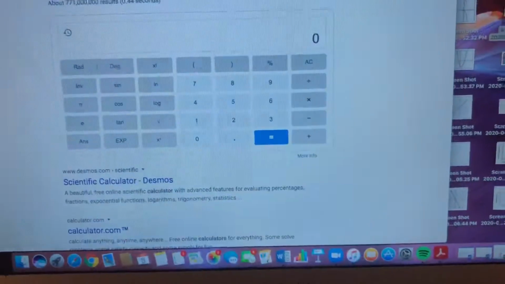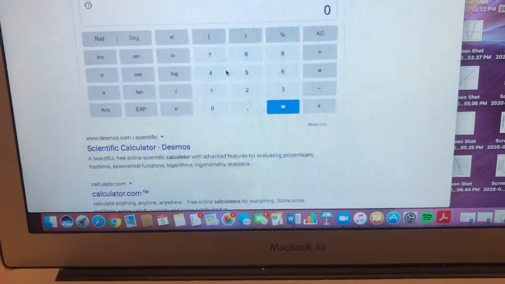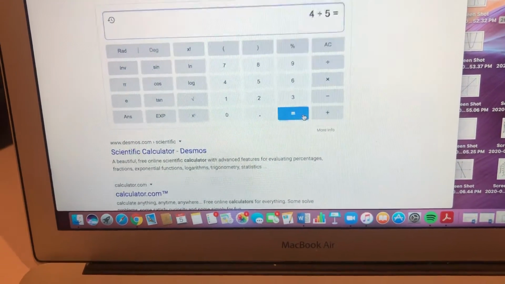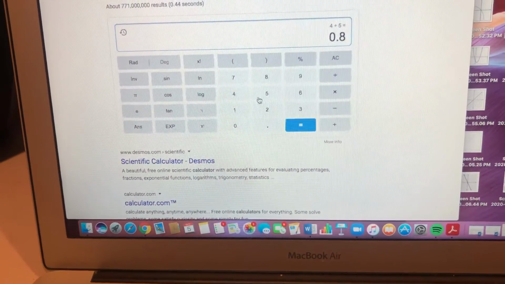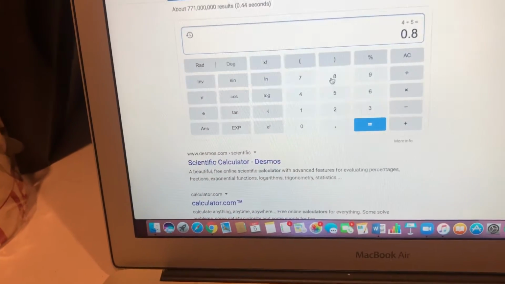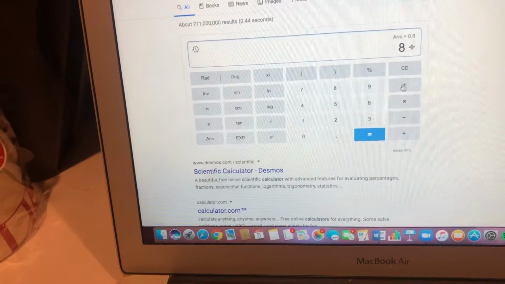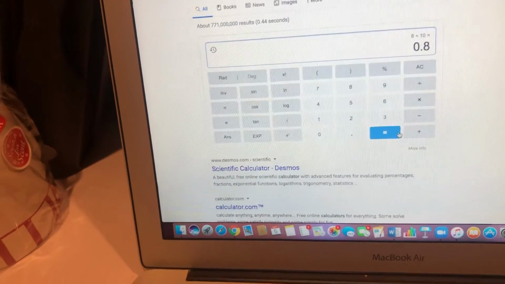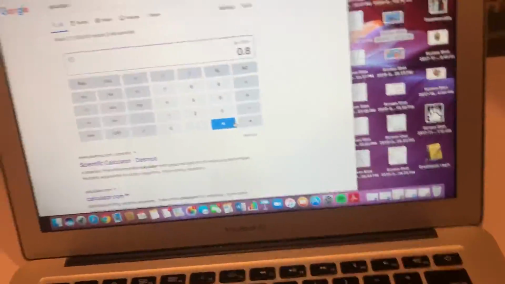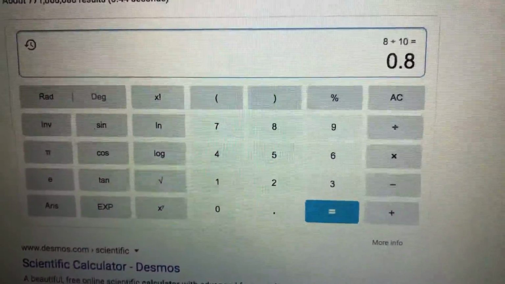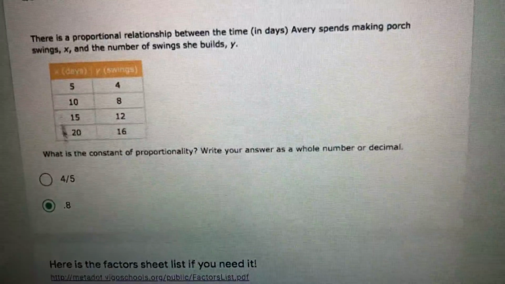And you already see it in my paper, but if you do 4 divided by 5, that gives you 0.8. If you do 8 divided by 10, that also gives you 0.8. And you'll notice, obviously, they all equal each other, so they all equal 0.8. So you could also put that as your answer.